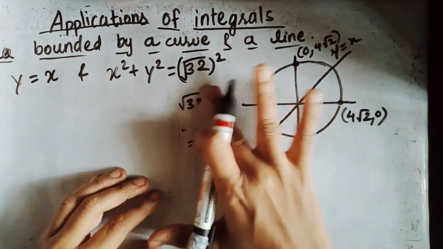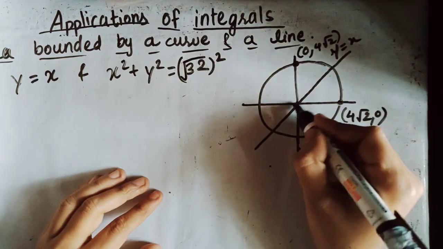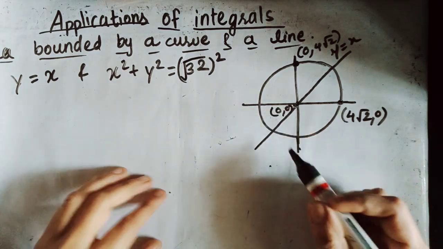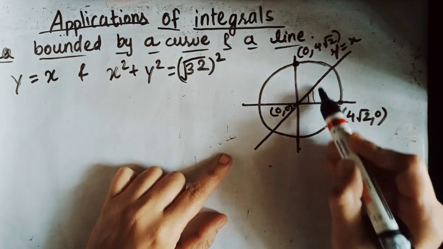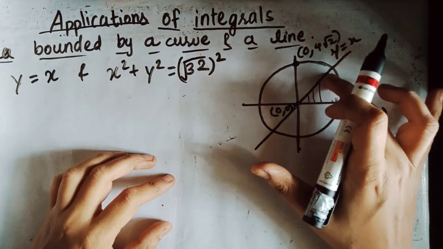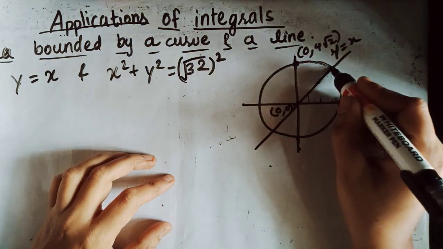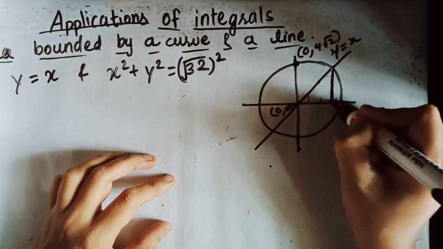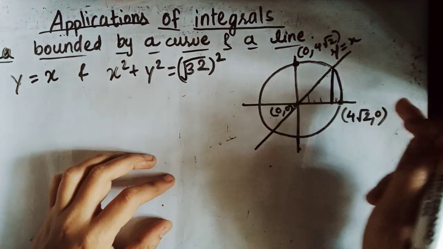This is 0 comma 0. Now you need this region. I'm going to draw one perpendicular here so that we get two regions.